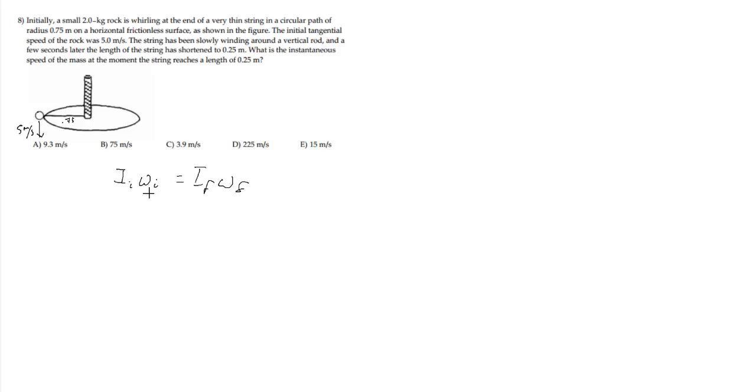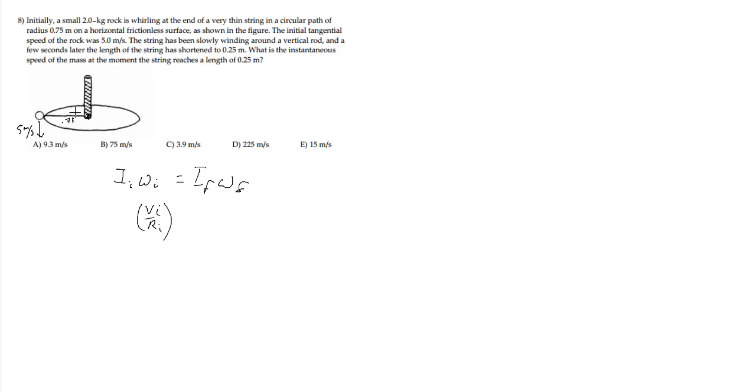So that is going to be, again, our favorite, V over R initial. Right, and now you might want to say, because it is a rock or a ball, that this is 2/5 m r squared. But it is actually an object rotating around a central point.